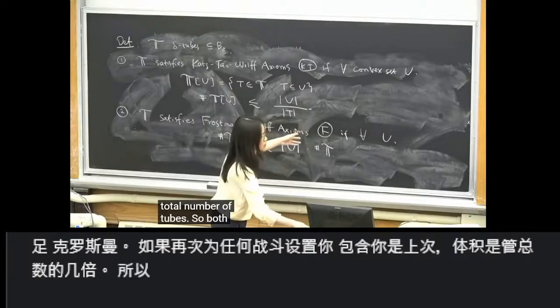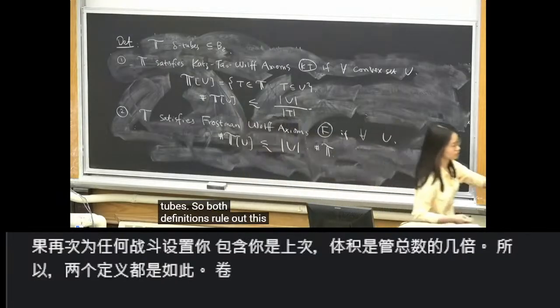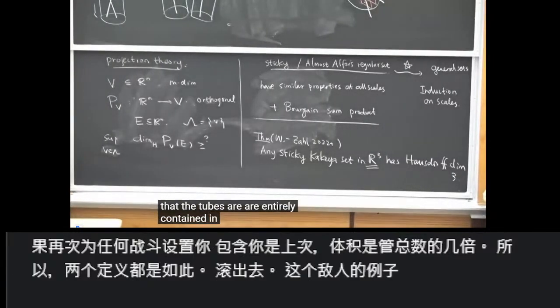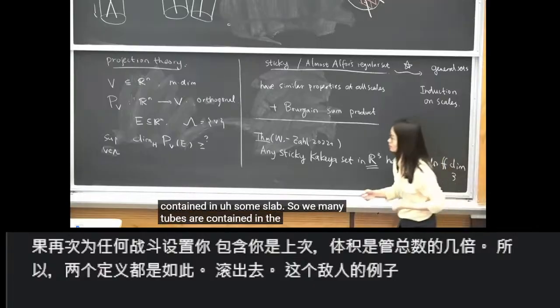So both definitions rule out this enemy example that the tubes are entirely contained in some slab. So many tubes are contained in a slab.